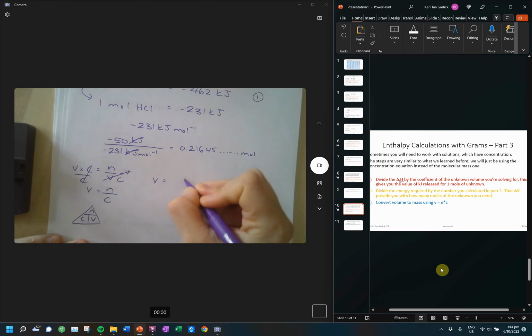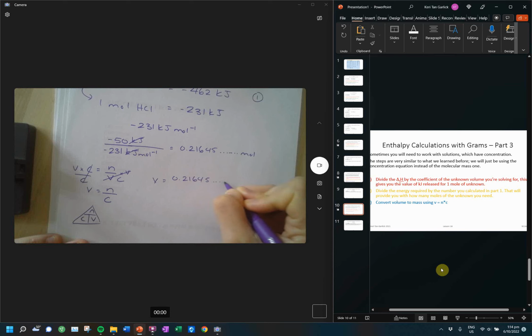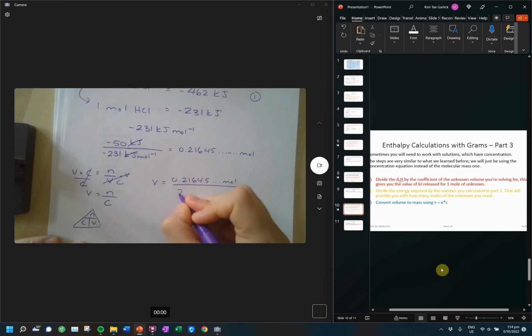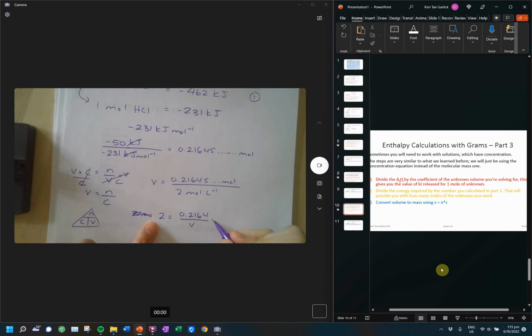So V equals 0.21645 moles divided by the concentration, which I have up here, 2 moles per liter. That's really good because I can see the moles are canceling out with the moles, and we have per liter, so that makes it a liter. The other thing you can do is keep the equation as it's originally set up and just rearrange it.